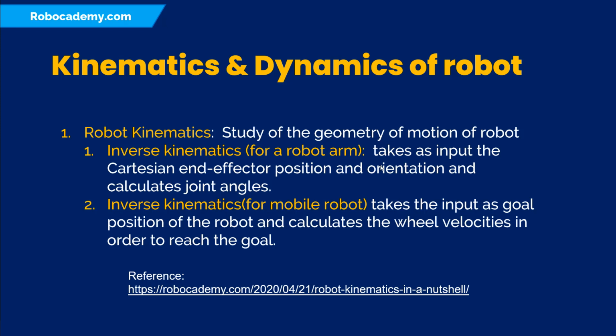So inverse kinematics is about this: if we give the X, Y, Z, roll, pitch, yaw values of the end effector, then the inverse kinematics equation will solve for the joint values.